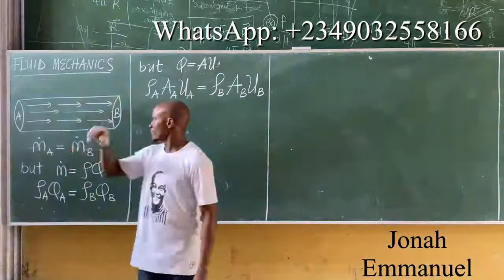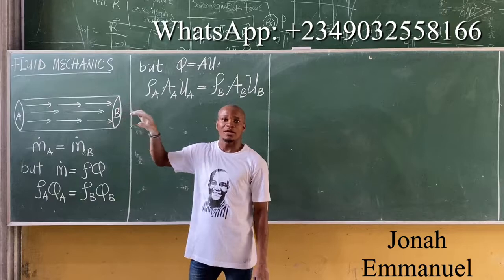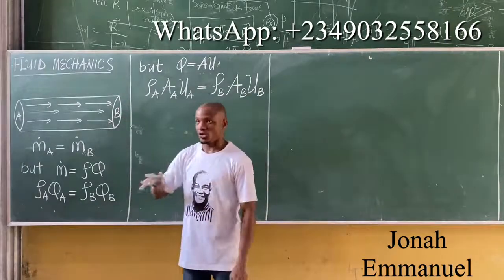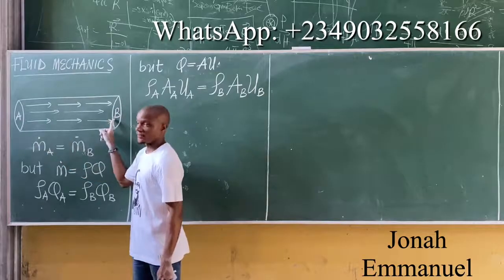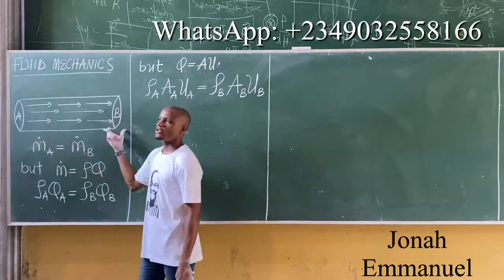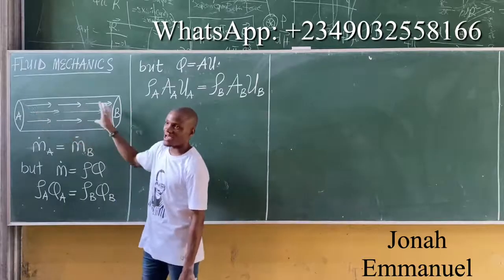Check your diagram. It says constant what? Look up. Listen, I have 2 points in a pipe, and we're assuming that this pipe has a constant diameter.